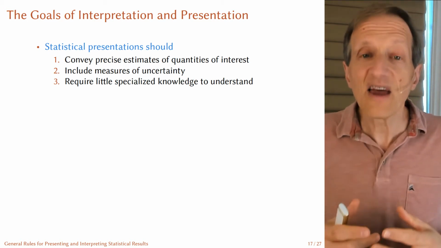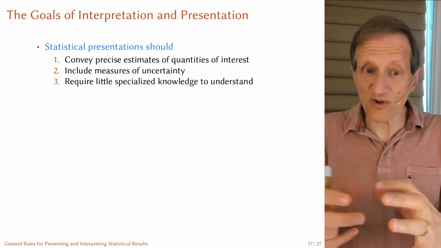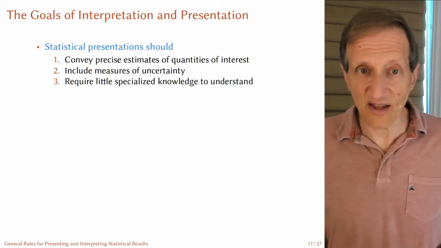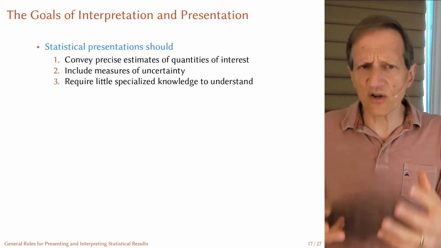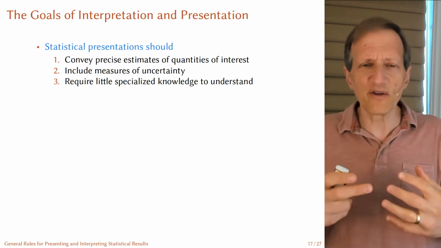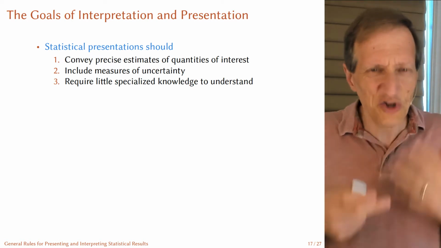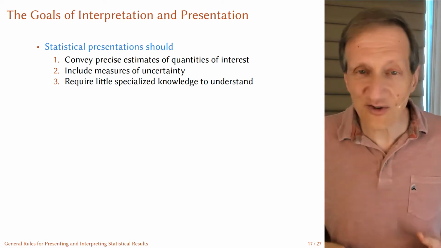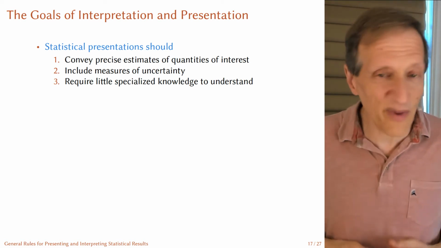To do that, our final results should require little specialized knowledge to understand them. Of course, it requires enormous specialized methodological knowledge to know whether the analysis is right, to do the analysis, to figure out whether you've made all the corrections you should make, and whether it's possible to do any better, etc.